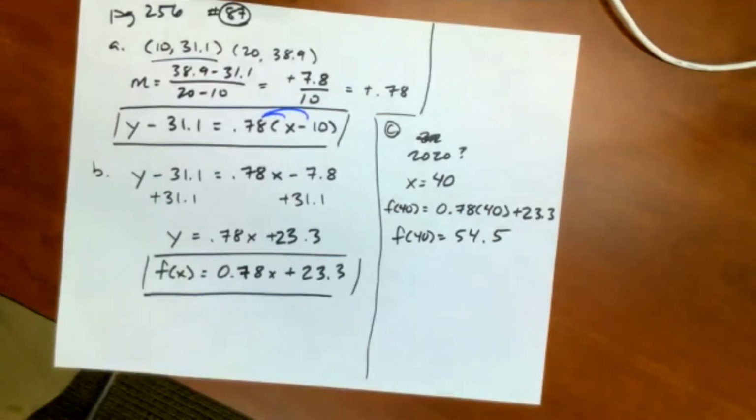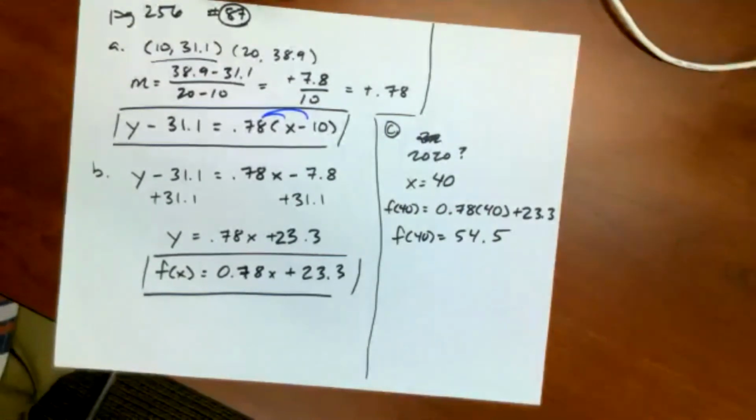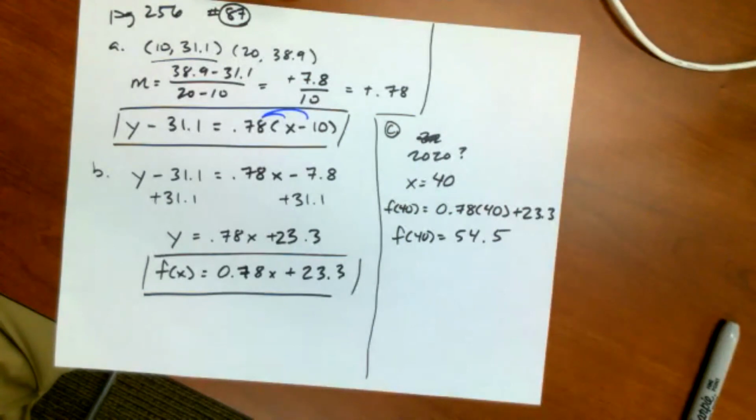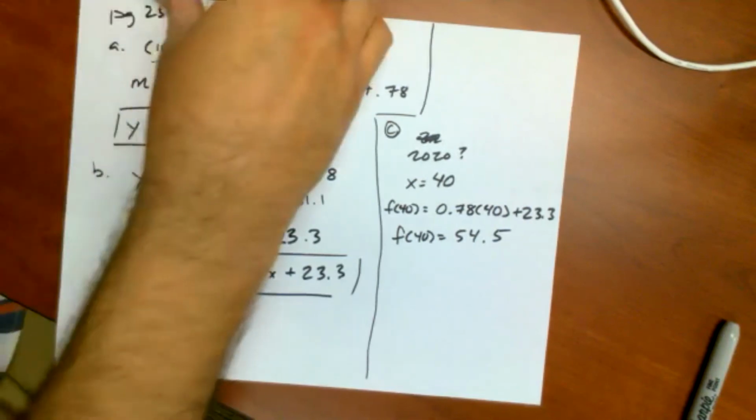So the prediction is that by the year 2020, so this year actually, 54.5% of females between the ages of 25 and 29 are not married. Okay, that's all that it's saying.